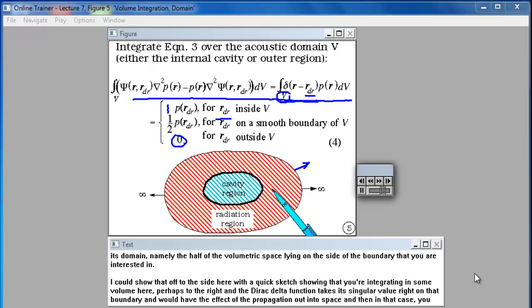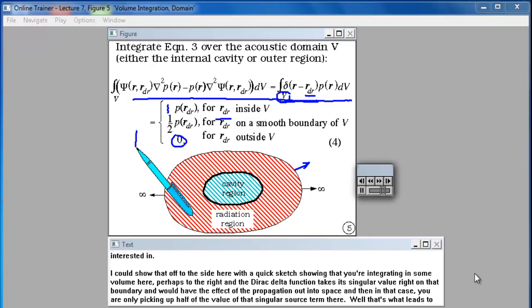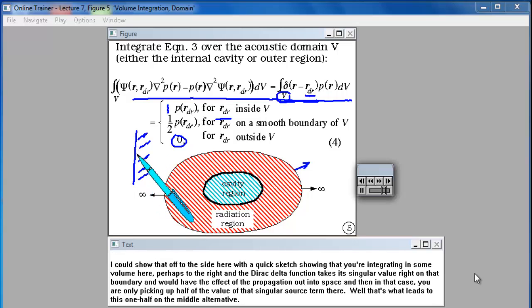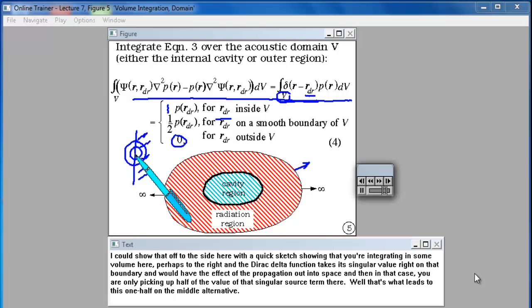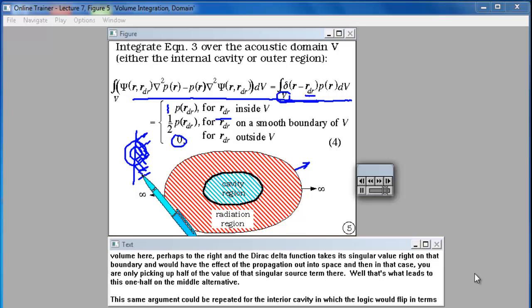I could show that off to the side here with a quick sketch showing that you're integrating in some volume here, perhaps to the right, and the Dirac delta function takes its singular value right on that boundary and would have the effect of a propagation out into space, and then in that case you are only picking up half of the value of that singular source term there. Well, that's what leads to this 1/2 on the middle alternative.